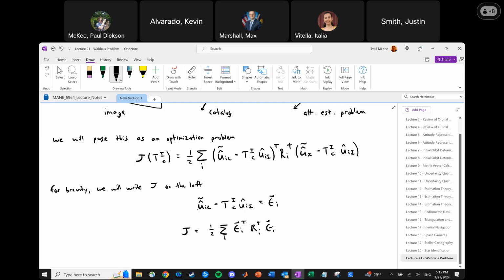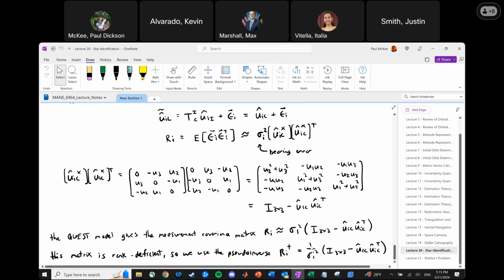Okay, now let's do some more substitution. We're going to substitute in the measurement covariance matrix from the end of our last lecture, which is 1 over the bearing error squared, we talked about bearing error back in lecture 18, I believe, times the identity matrix minus UIC transpose.